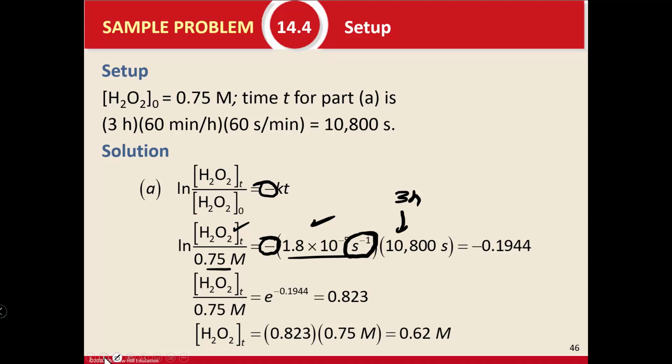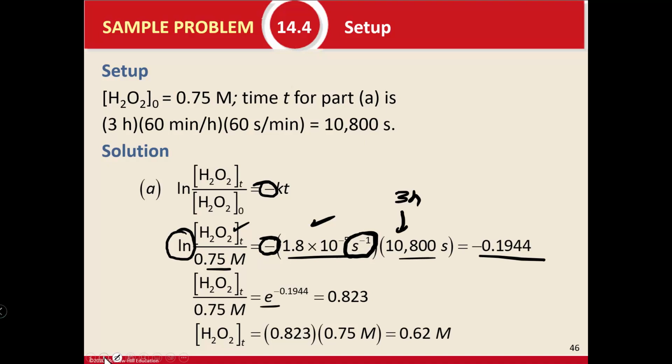So we plug in the data, and we get this ratio of that to 0.75 equals, and you go, what's going on over here? Well, this rate constant times the time gives us this number here. Here's where you get into problems if you don't know how to use your logarithms. What's the inverse of the natural log? It's e.